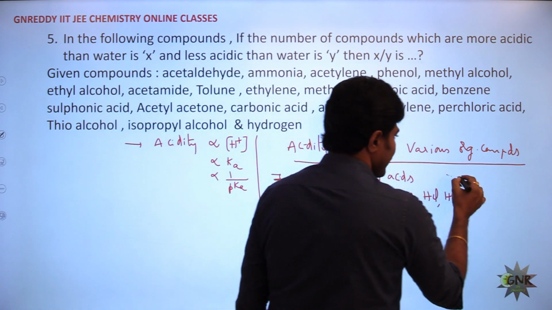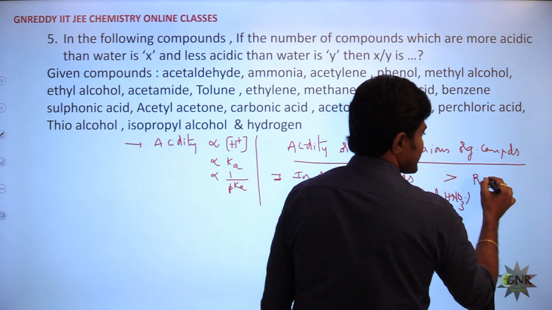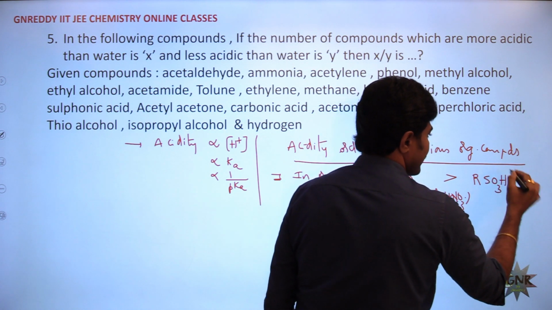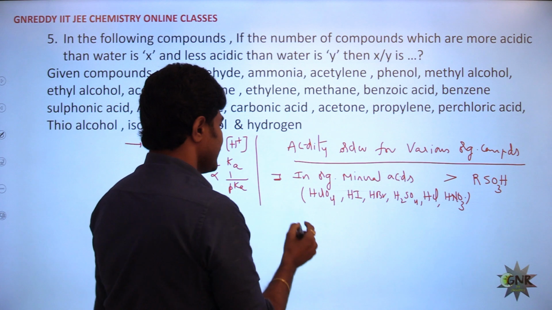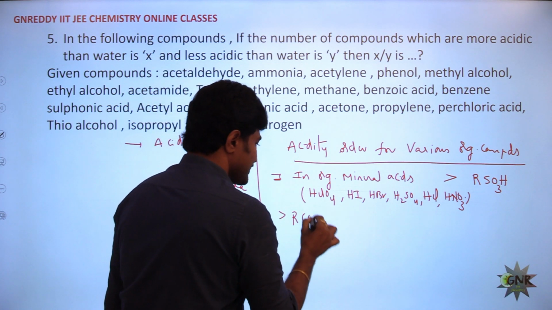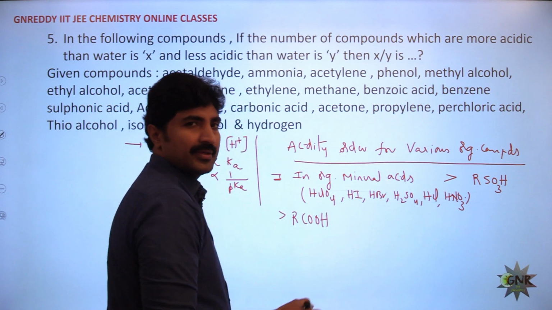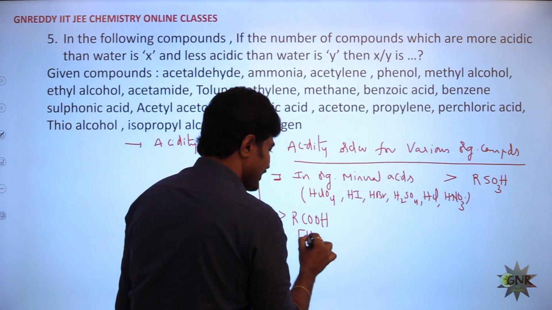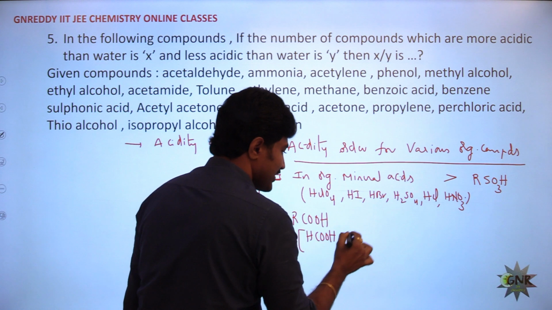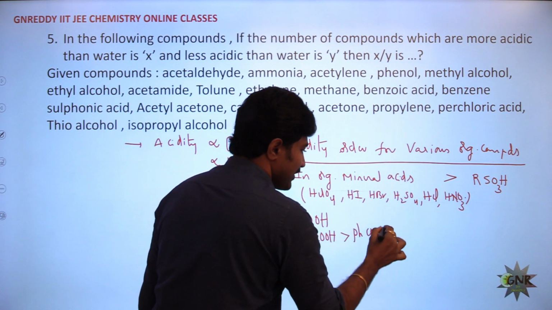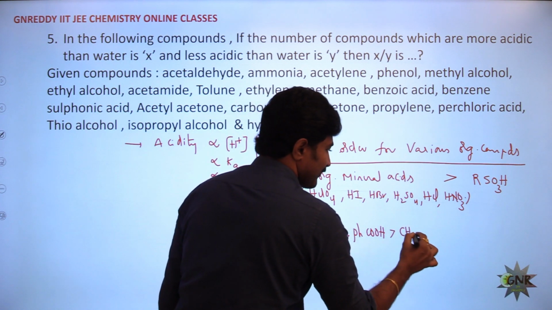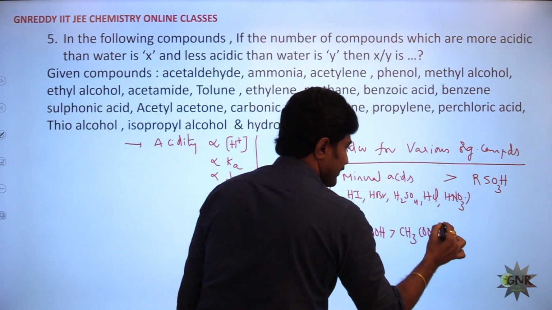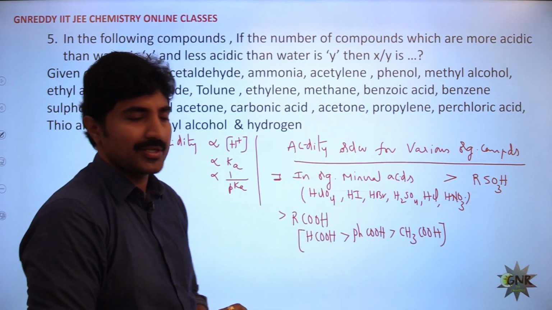Then in organic compounds, sulfonic acids, then carboxylic acids. In carboxylic acids, formic acid is more acidic than benzoic acid, then acetic acid, as per Ka data you can understand.